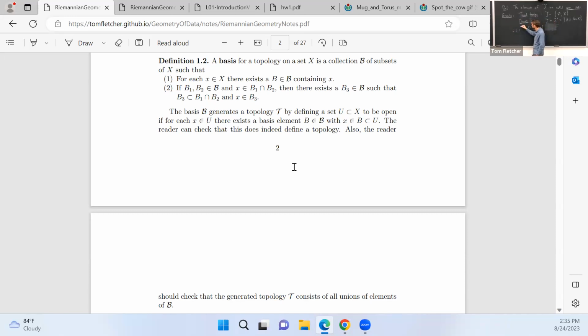Notice the trivial topology is, and I'm going to draw open sets as just circles, circling things. So the trivial topology, and of course I can't circle the null set because it's nothing. So that's always in the background. It's there.